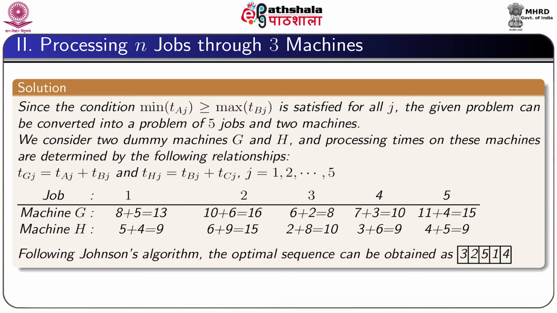The following table shows the processing times on machines G and H. Now, since the problem is converted to 5 jobs and 2 machines, we can easily apply Johnson's algorithm to find the optimal sequence, and the optimal sequence is obtained as 3, 2, 5, 1 and 4.